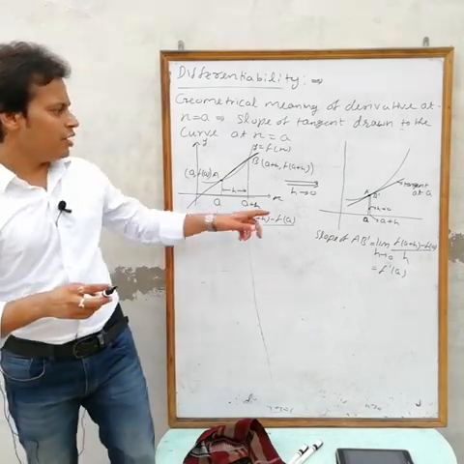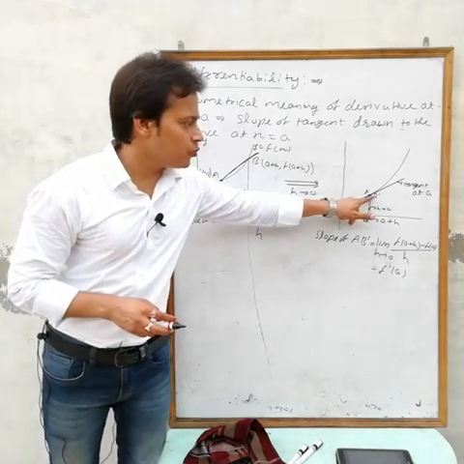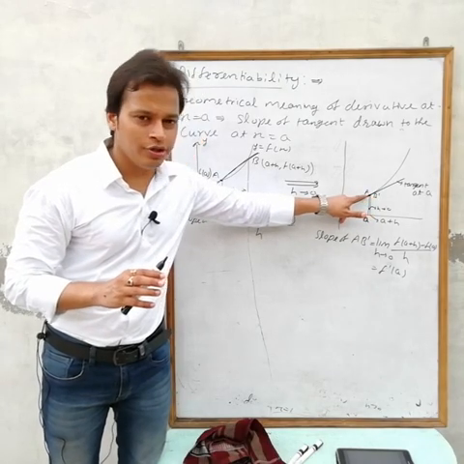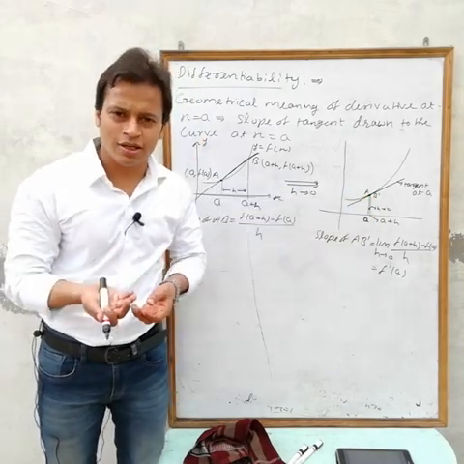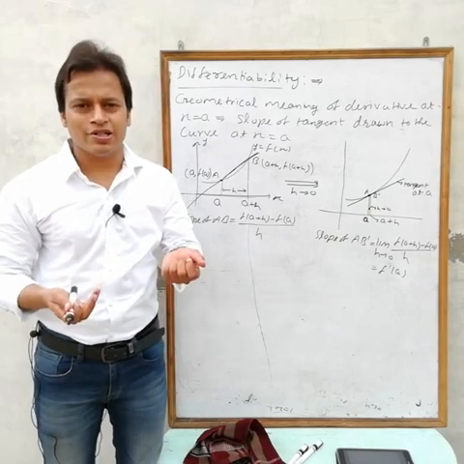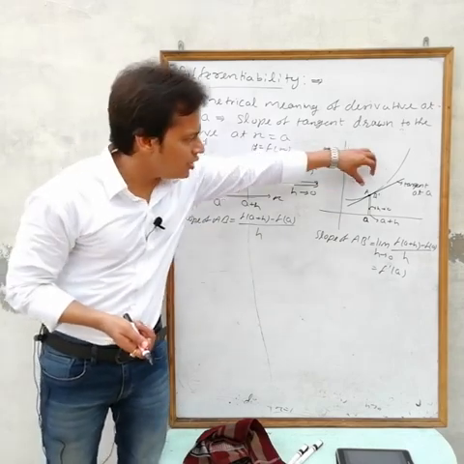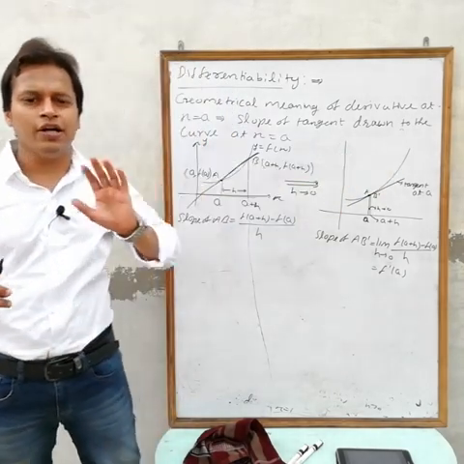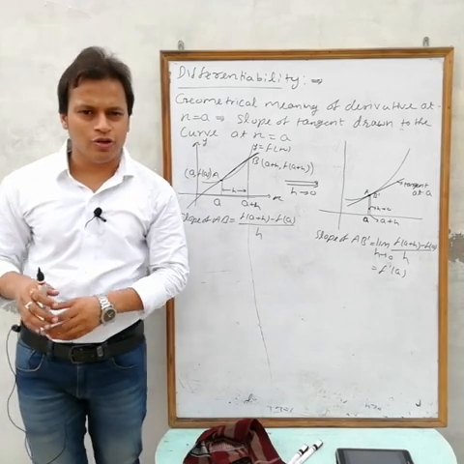Here I am joining a with just the next point, then we are getting the tangent. But if I join the just previous point, then also you will get the same tangent. Join any two adjacent points, you will get the tangent. So I can join the right side point or the left side point.